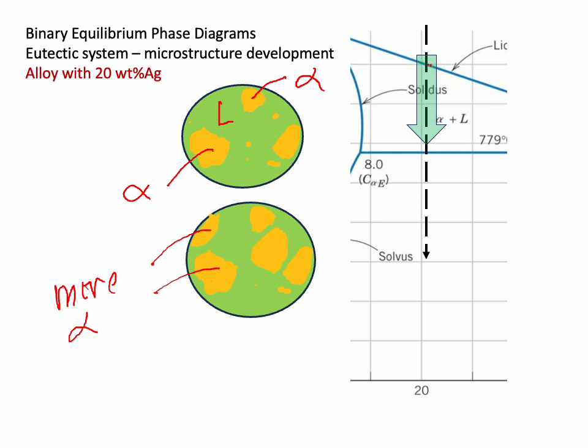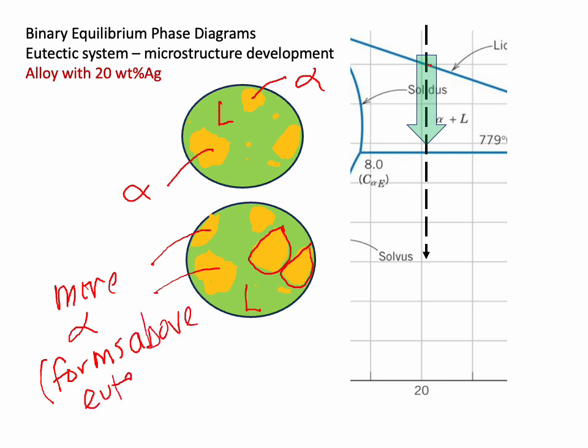So I've got my liquid, and I've got this alpha that's starting to form. And this alpha is unique. It's alpha that forms above the eutectic temperature.